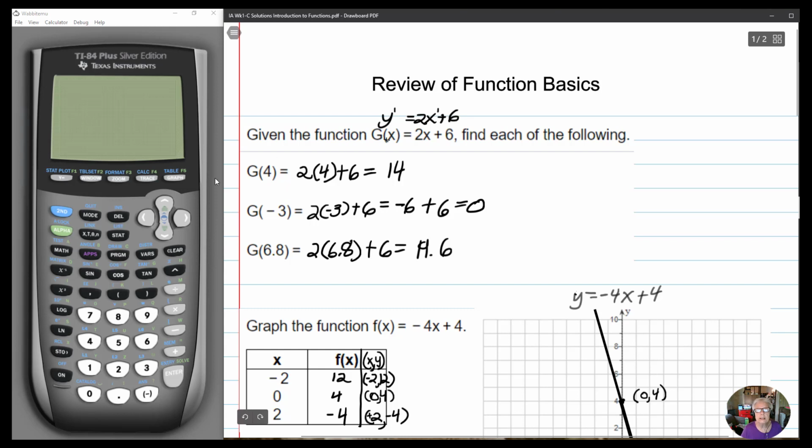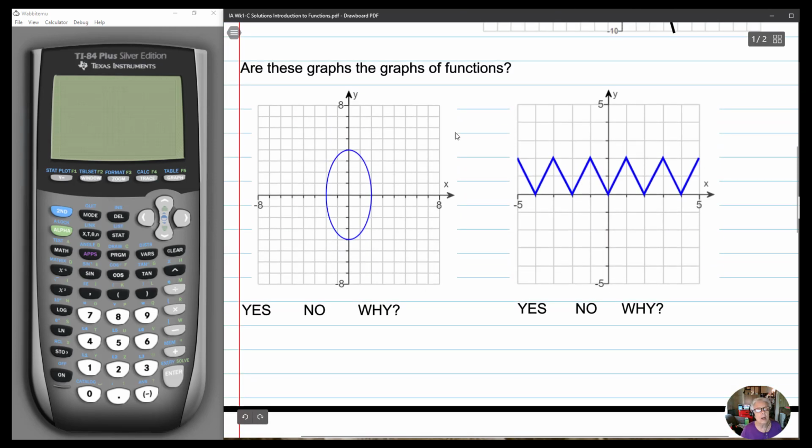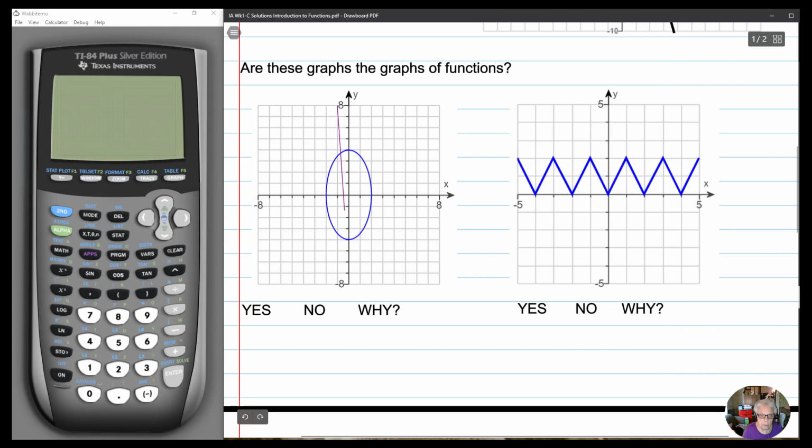There are some equations that are not functions, if you recall, and some that are. We use the vertical line test to tell which equations are functions, or which graphs are functions, and which are not. What I do is I draw a vertical line, my horrible lines. Let's make it skinnier. Anywhere through the graph.